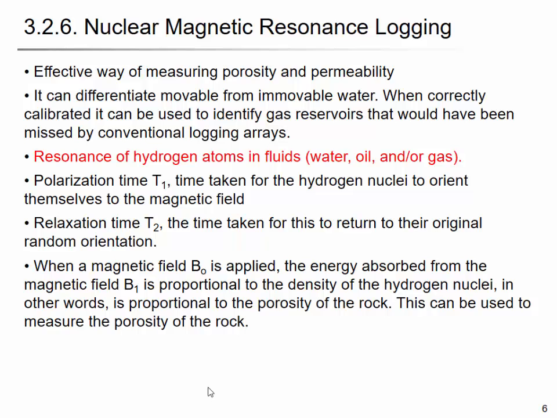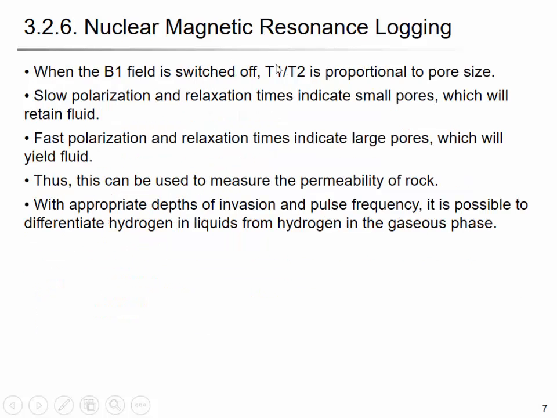That's the time taken for the hydrogen nuclide to orient themselves to the magnetic field. And the T2 is the time taken for this to return to their original random orientation. So T1 is the polarization time, T2 is the relaxation time, and this T1, T2 is proportional to the pore size, the ratio of them.